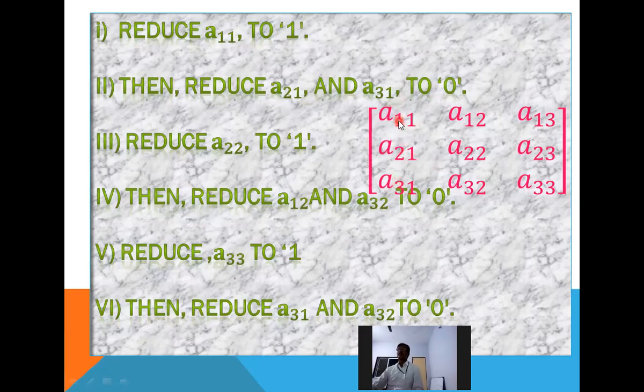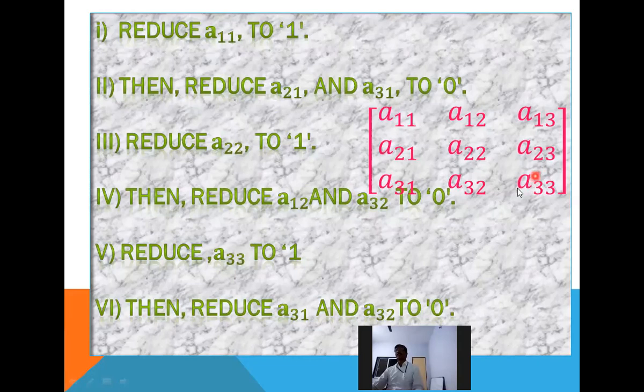So we have to make this a 0 and this a 0 with the help of this one. Okay, now the next step is we have to make this a 1 also. With the help of this one we have to make this a 0 and this a 0. That means the next step is to make this a33 a 1.